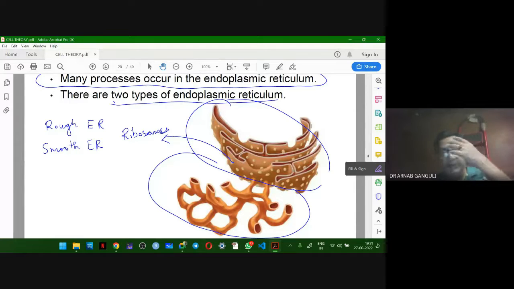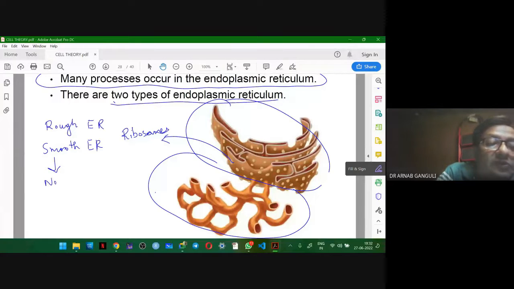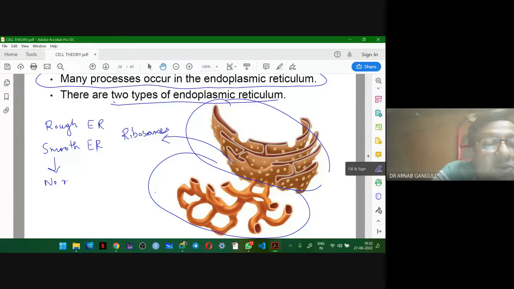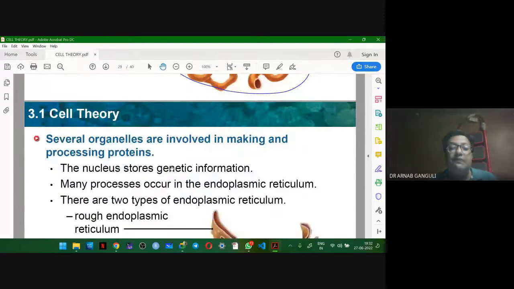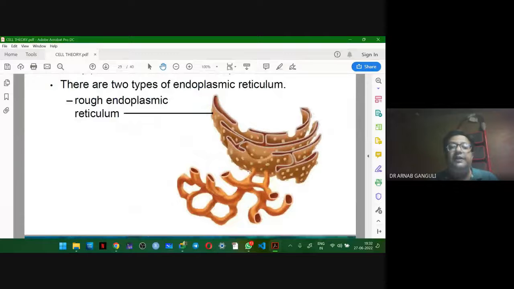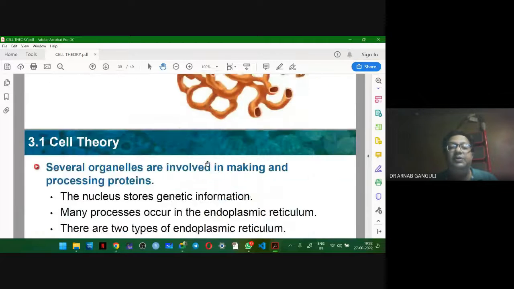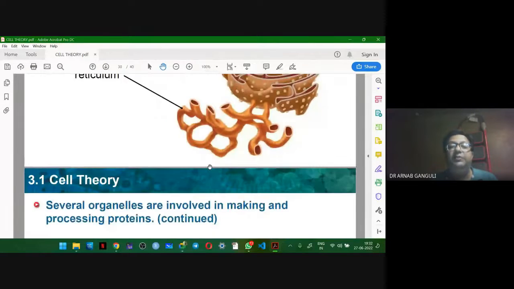The rough endoplasmic reticulum is laminar and flat, while the smooth one is almost like a tube, and it has no ribosomes.